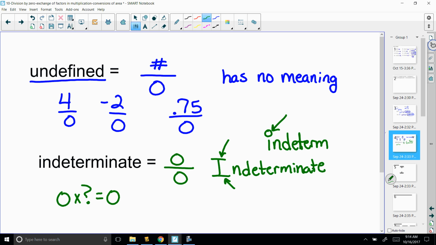Yes, Sam? You were raising your hand. Oh, yeah. There's the other thing. Very good. Way to point that out. If you look at a number over 0, things you remember. That's great. This is the same thing as no. You cannot divide by 0.